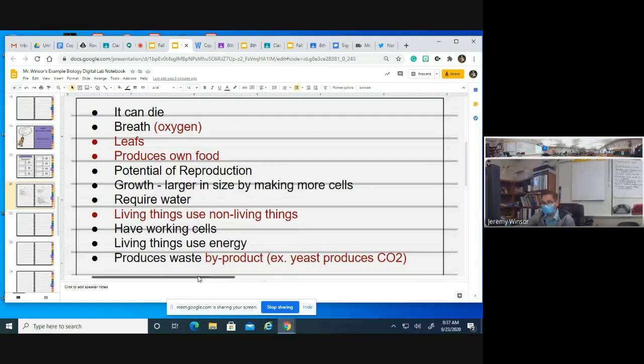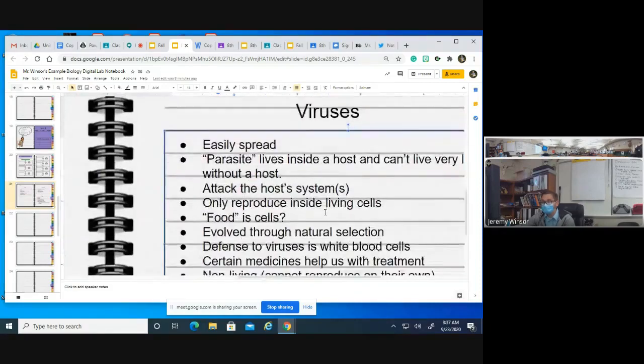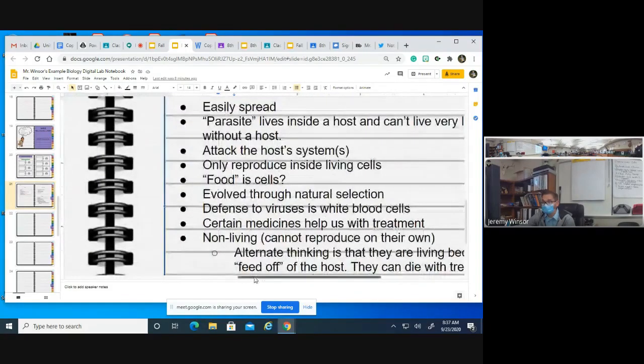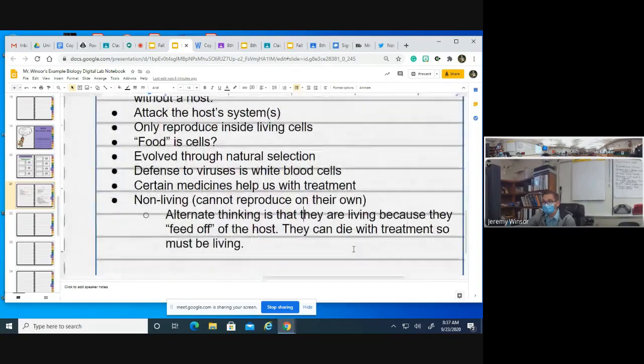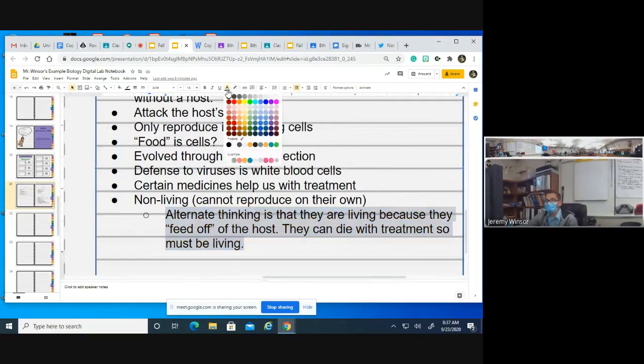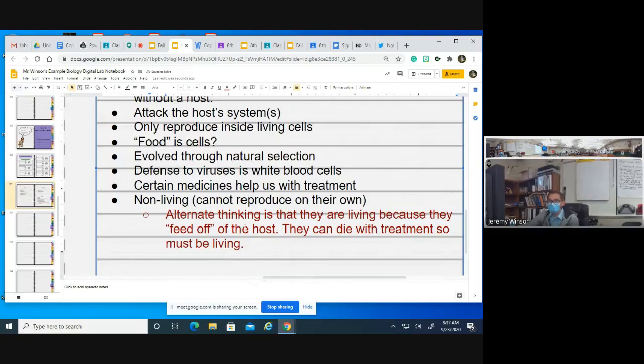So our class consensus is that viruses are non-living. And I'm going to turn this alternate thinking red. That tells us that we changed our thought on it. It's no longer a thinking, and we're going with they are non-living because they cannot reproduce on their own. And that's our consensus as a group.